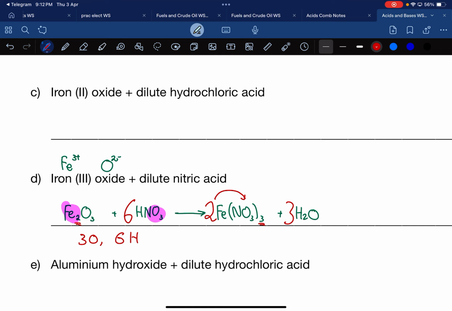Okay, good. This is 3 oxygen. I got 3 there already.